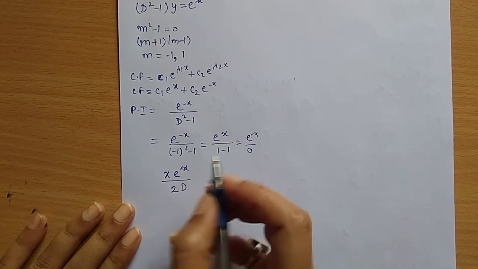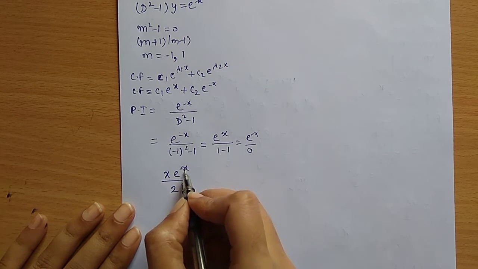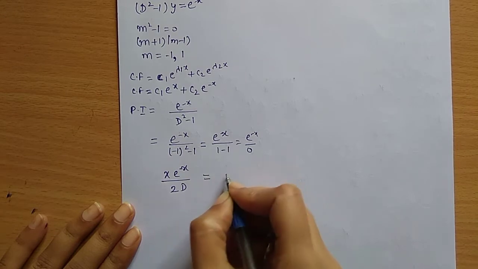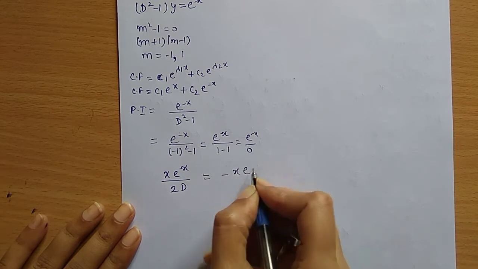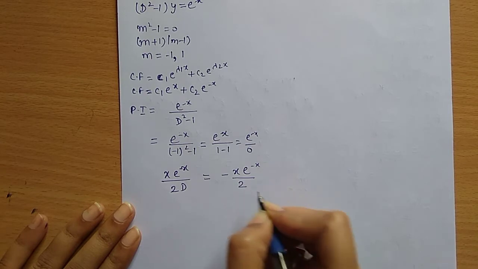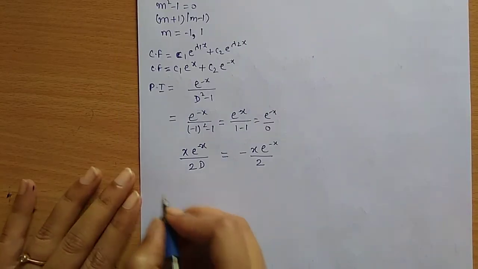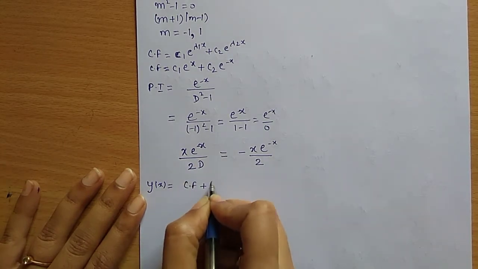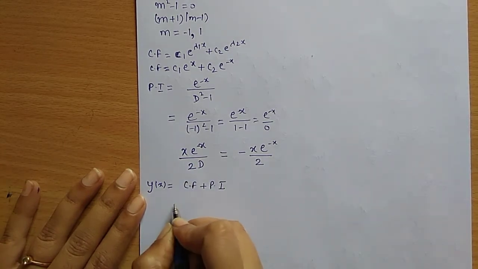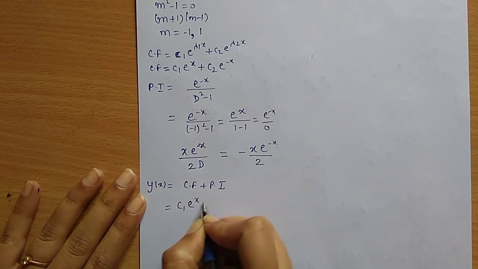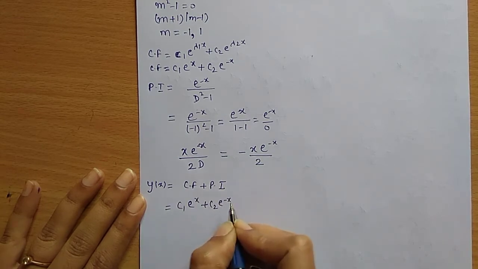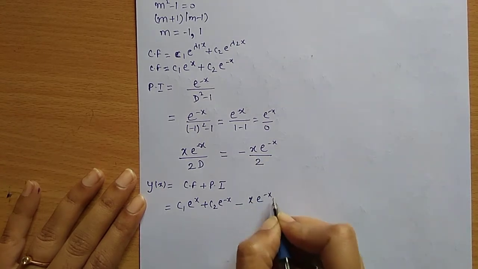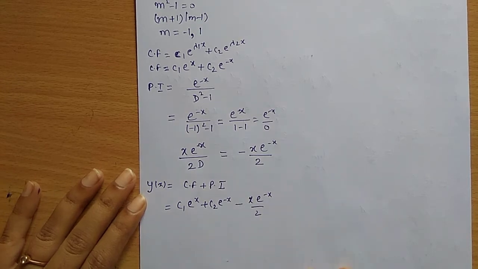Now again you have to put the coefficient of x, that is minus 1, at the place of D, then the term will become x e to the power minus x upon minus 2. Now the complete solution y(x) equals CF plus PI, and CF was C1 e to the power x plus C2 e to the power minus x, plus PI, and PI is this one.